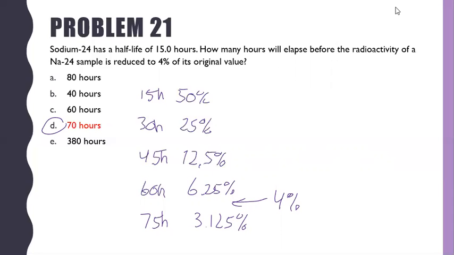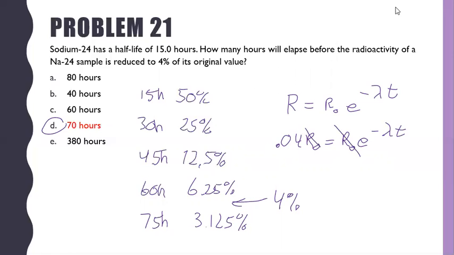But you could also go and actually solve it. So you could say that I have an R equal to the initial weight times e^(-λt). I want my R to be 4% of the initial weight, so I can cancel out that initial weight.